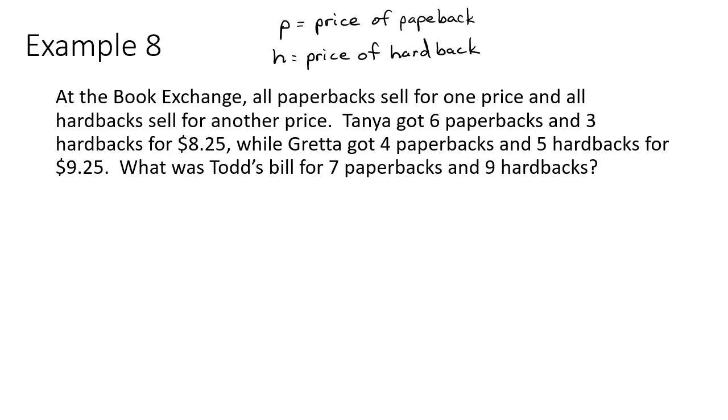Right, and so now we can set up our system of equations. From Tanya's bill, she bought 6 paperbacks, so 6 times the price of a paperback, and 3 hardbacks, so plus 3 times the price of a hardback, which added up to her total bill of $8.25.